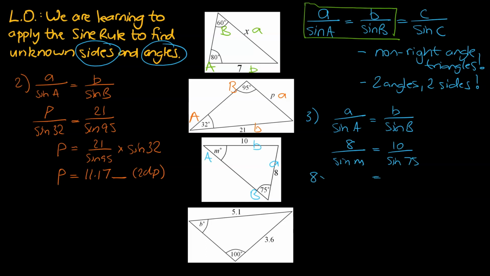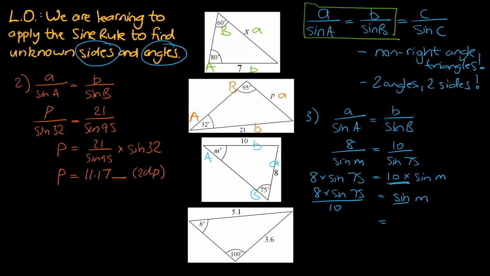So this side is going to be 8 times sine 75 equals 10 times sine M. We're then going to move the times 10 to the other side, because our goal is to isolate that M. So the algebra is a lot trickier for finding the angles. So that's going to be 8 times sine 75 divided by 10, because that's the opposite of times 10. That's going to be sine M.